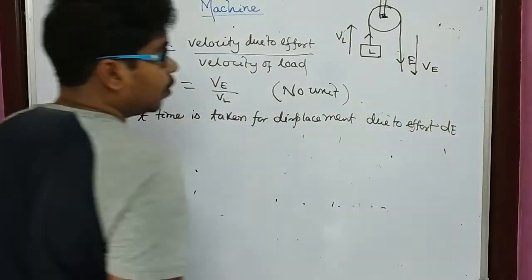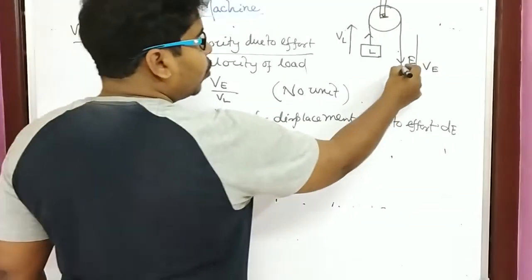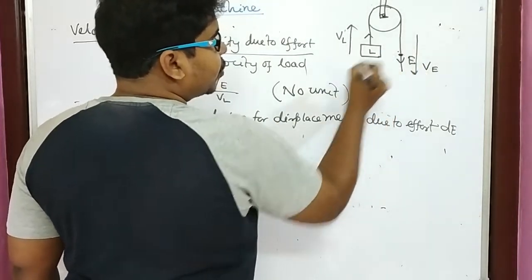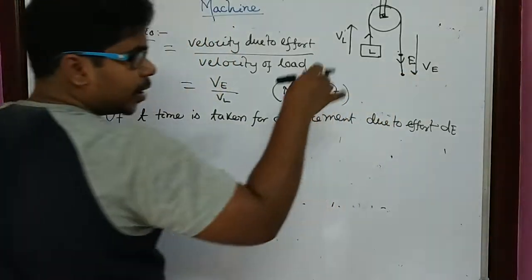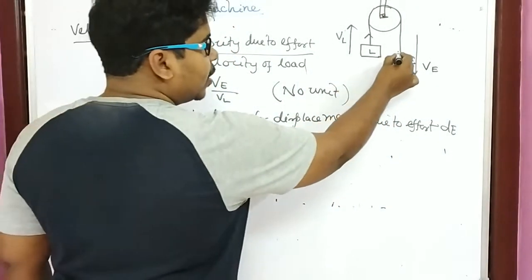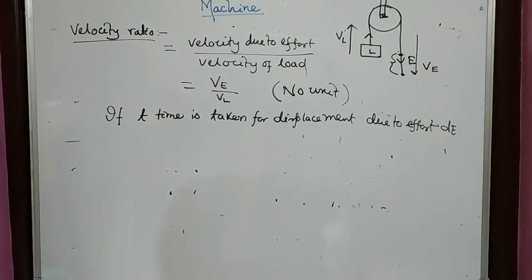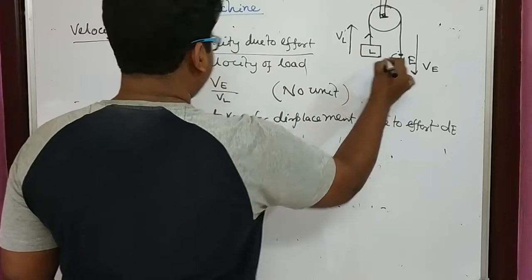Okay, what is it? Whenever we are applying effort, assume initially the string is here. Whenever you are applying effort, the string is coming downward. So this displacement is done by the effort, and that is known as dE.